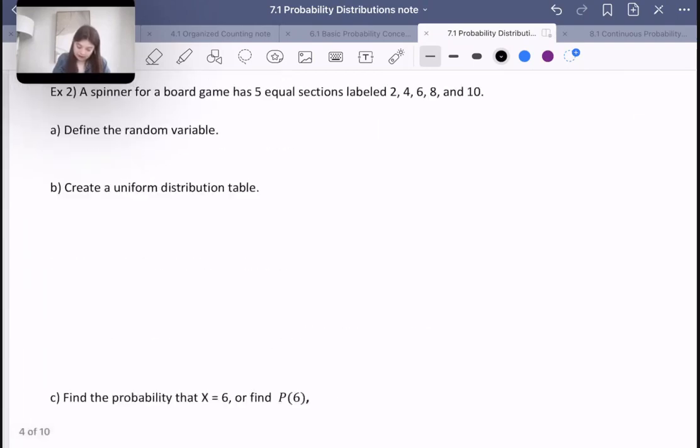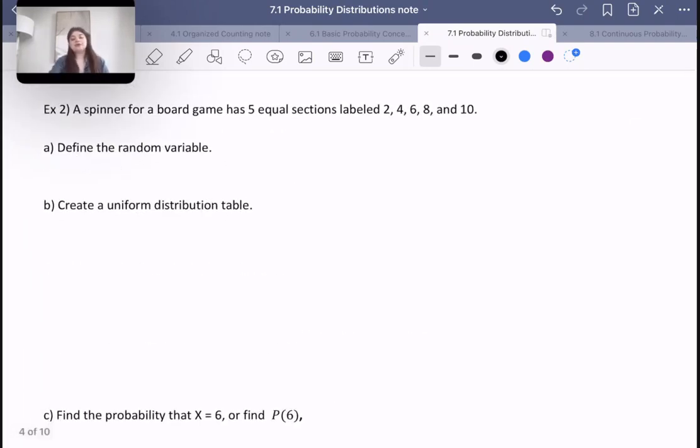All right, let's do one more example, example 2. Example 2 says, a spinner for a board game has 5 equal sections labeled 2, 4, 6, 8, and 10. Determine, or define, the random variable. So basically, we would let x represent the values spun.